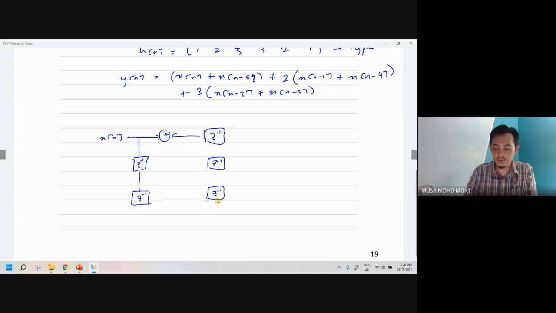Okay, 1, 2, 3, 4, 5. So we can do this. And this is actually xn minus 1, so this one is xn minus 1 and xn minus 4. So this is xn minus 4. Similarly, this is xn minus 2, so it is paired with xn minus 3. And then you pair it with xn minus 1, minus 3.